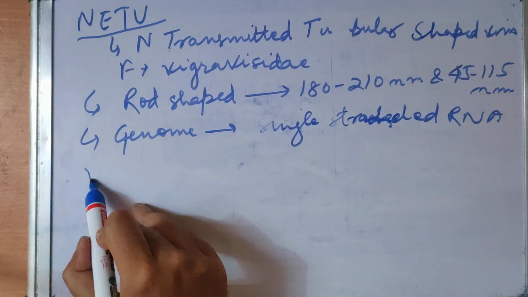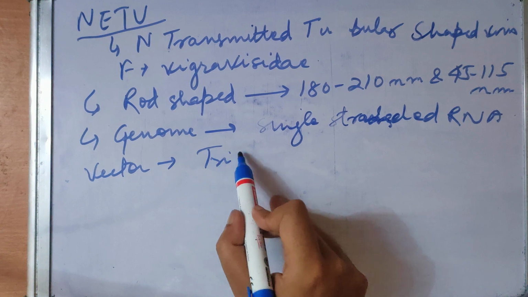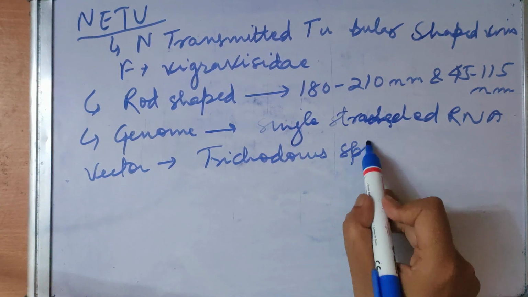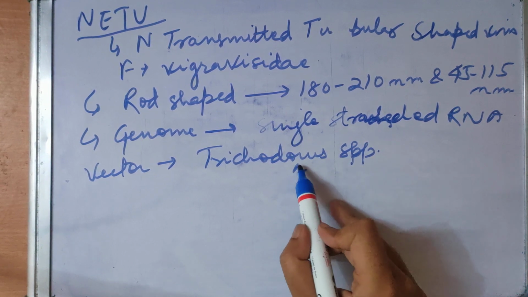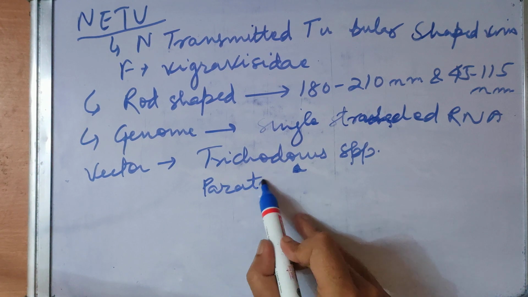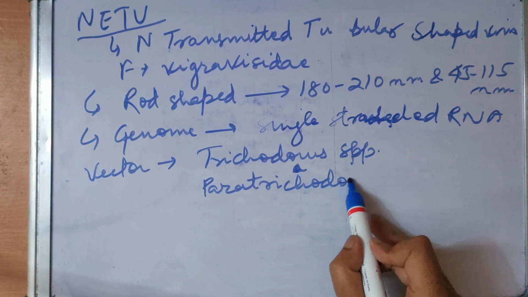It acts with vectors of Trichodorus species and Paratrichodorus species.